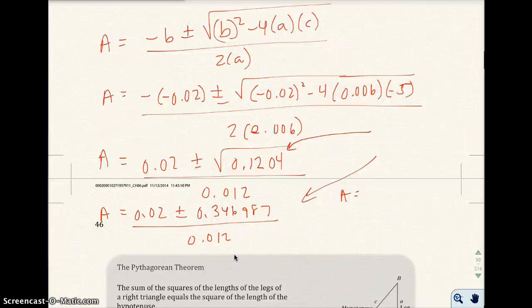I get A approximately equal to 30.58. Or, I do 0.02 minus this, and then divided by that. Please type this along in the calculator with me so you can see what I'm doing and get the same value that I do.